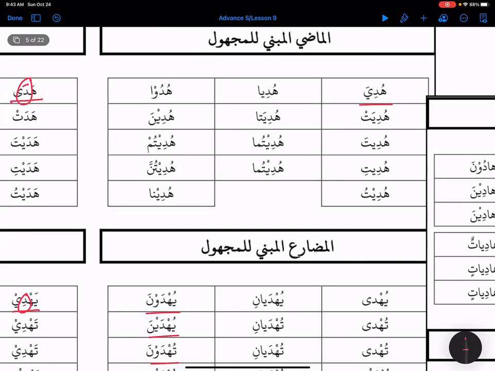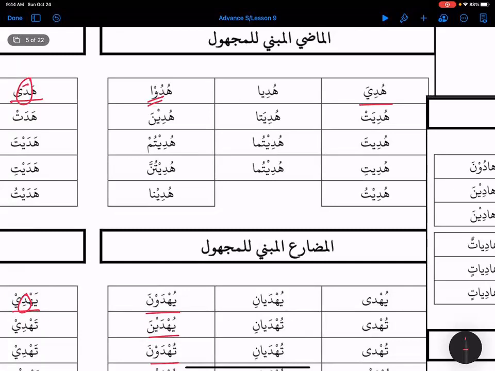But where is the weak letter? Should wow be the weak letter? No, this vow is not a weak letter. We need to understand that. This vow is the vow of Jama, the vow of plurality. So basically the weak letter is dropped. Whenever it is Nakis, at home, the weak letter would be dropped, because the vow of Jama always eats up the weak letter.